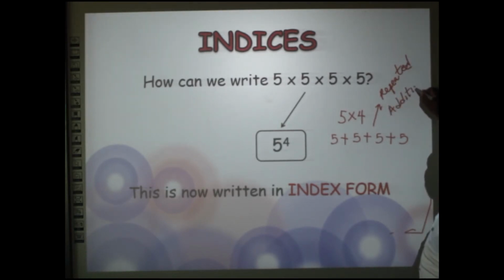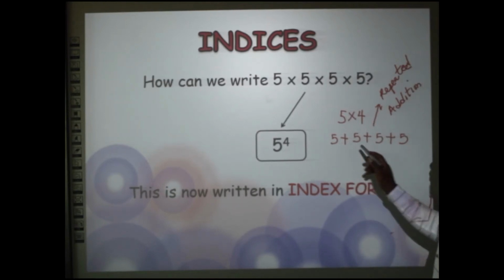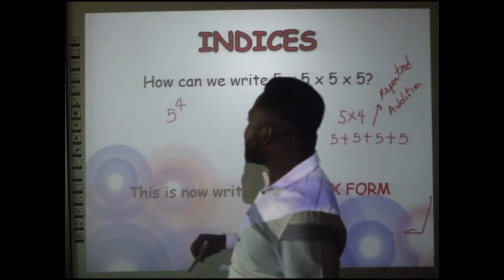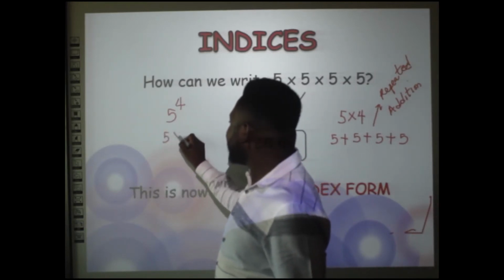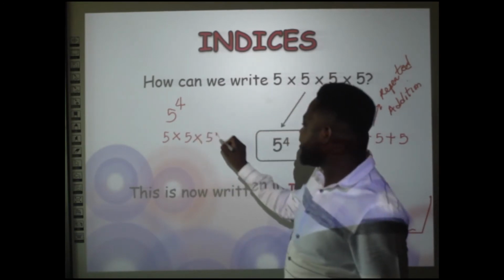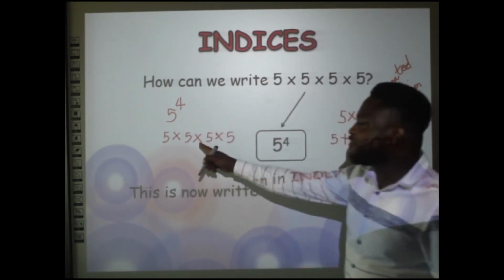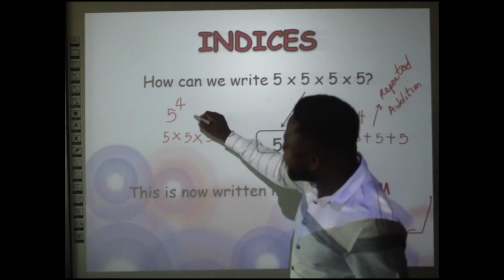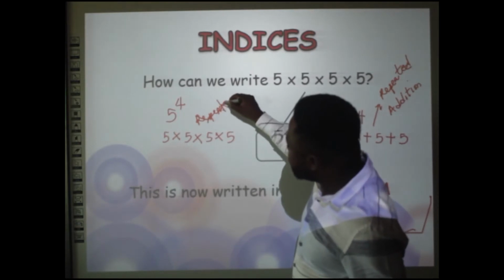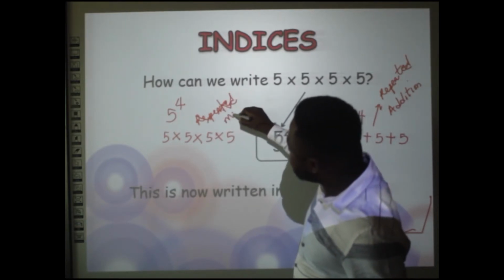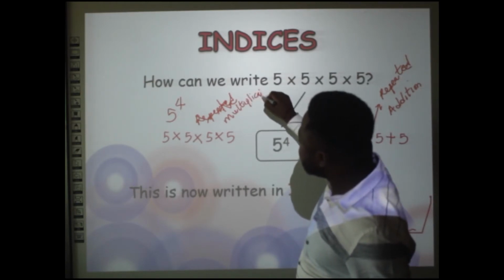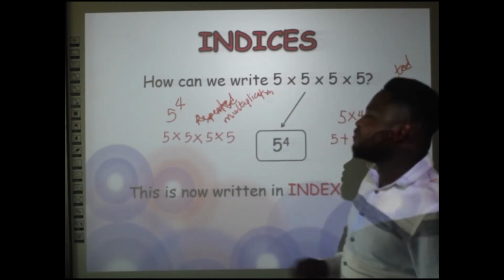But if you have 5 raised to the power 4, that will give you 5 times 5 times 5 times 5. This is repeated multiplication.